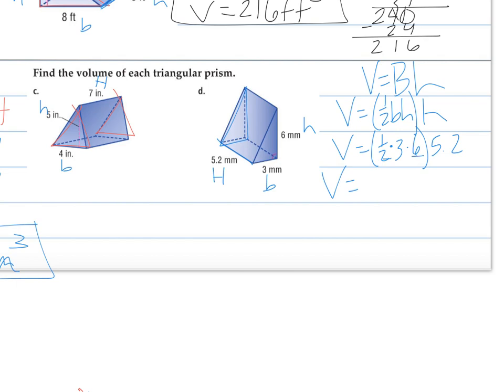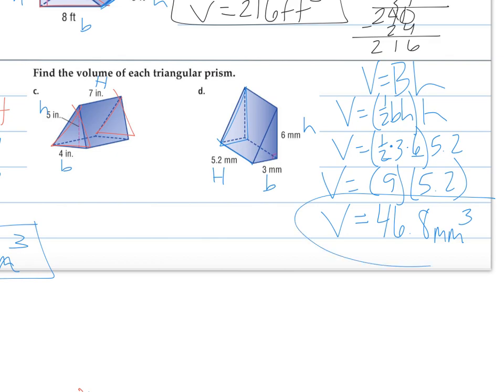So I get 1/2 of 6 is 3, 3 times 3 is 9, so I have 9 times 5 and 2/10, so the volume here is 46 8/10 cubic millimeters.